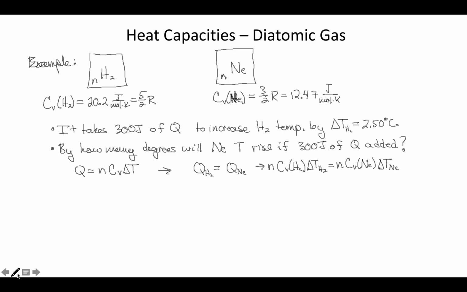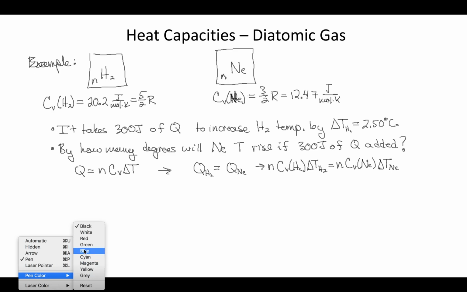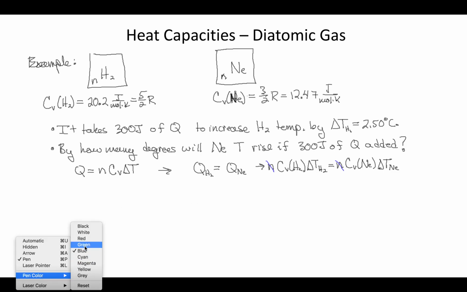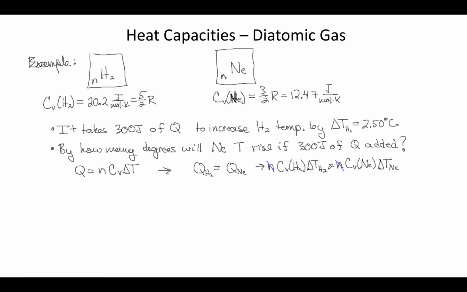The mole number cancels, and we can solve for delta T neon. No surprise, it involves the ratio of the specific heat capacities. So there's our delta T of H2 times C_V of H2 over C_V of neon.